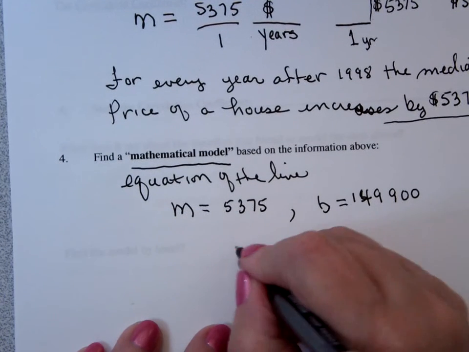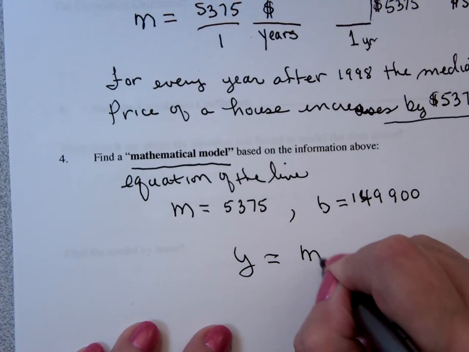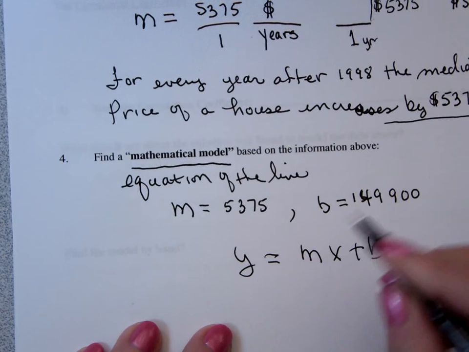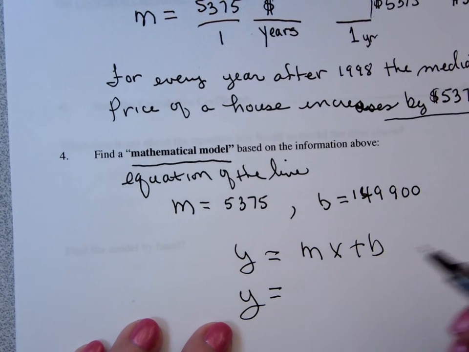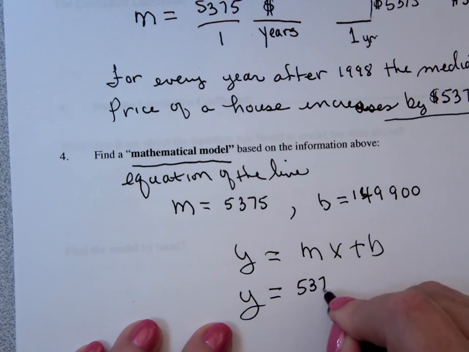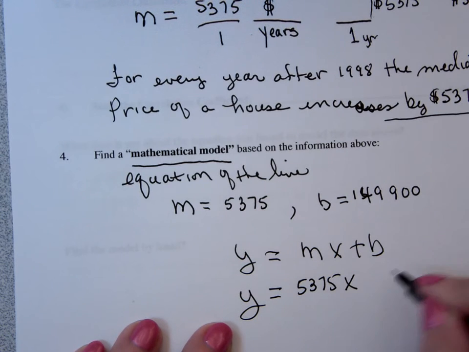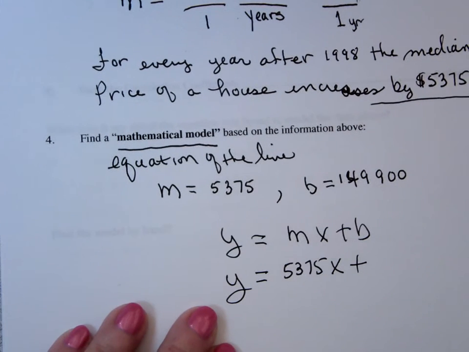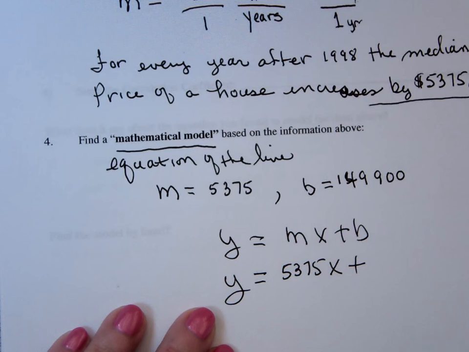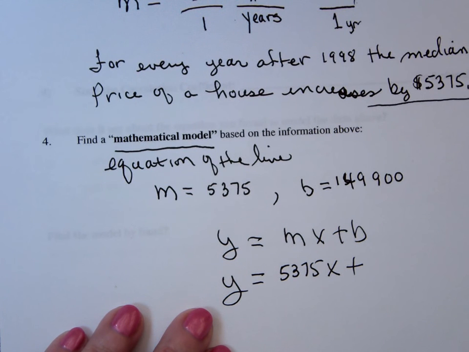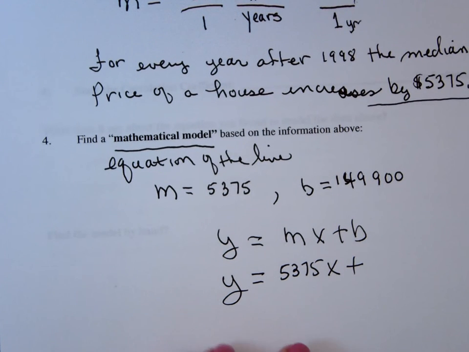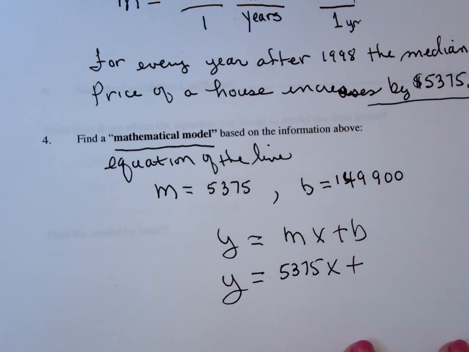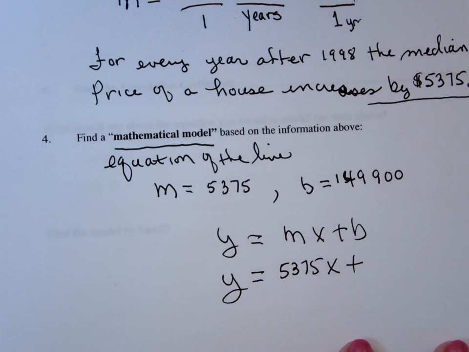So y equals mx plus b says that y equals m, 5375 times x plus, pardon me? The first point B or the second one? Oh, the first point is B. So it's 128,400, thank you. Where's my white tape when I need it?